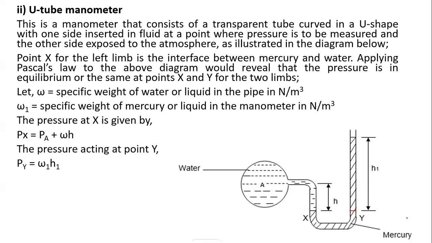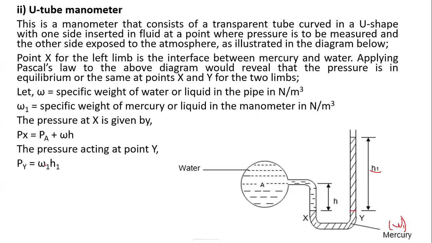The pressure at Y is simply specific weight times this height. Which specific weight? The specific weight of this liquid. To differentiate it from the other one, we call the specific weight of this one omega 1, because we want these to be identified without problems.